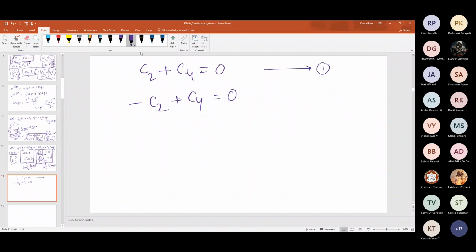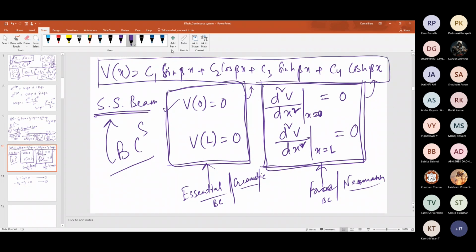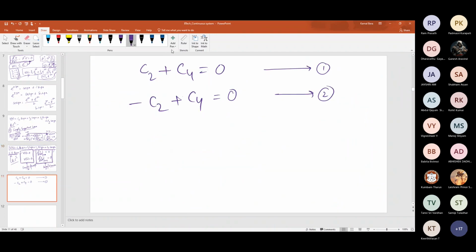Four boundary conditions applying to this shape V(x) give four equations. Someone told C4 minus beta square C2; he has corrected it: minus C2 plus C4 equals 0.